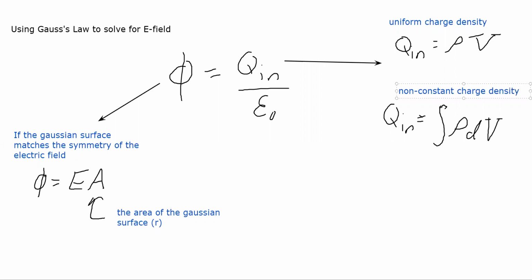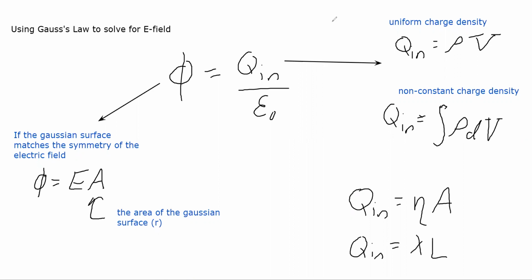Now we don't always deal with volume charge density. Sometimes we're going to be dealing with surface charge density, sometimes linear charge density. So all we would be doing is replacing this rho and this V. So for example, for surface charge density, the Q inside will be something like eta times A, right? Charge density times area. Or if it was linear charge density, the Q inside my Gaussian surface is going to be lambda times L. Okay, so it kind of depends on what density we're looking at.